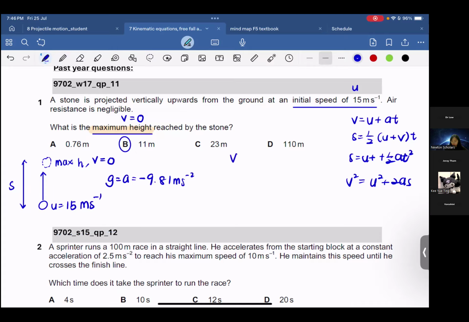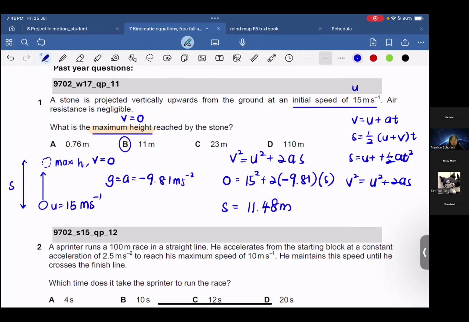Here we're using V squared equals U squared plus 2AS. So V is 0, U is 15 squared plus 2 times negative 9.81 times the S. At the end, you use your mathematics to solve. It is 11.48 meter, something like that. So 11 meter.